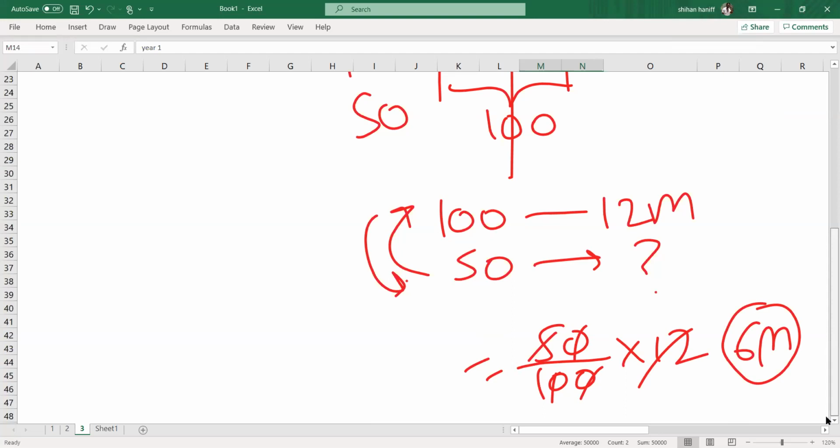Is it clear? Yes, we assume that every month you are getting an equal amount.